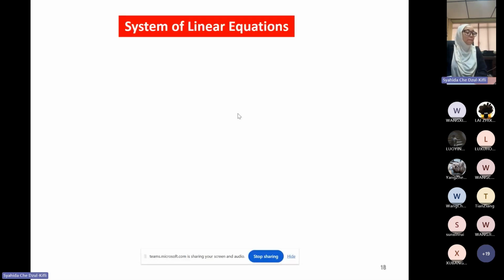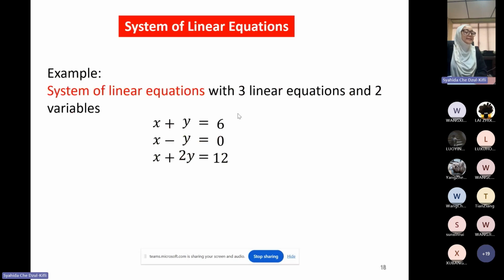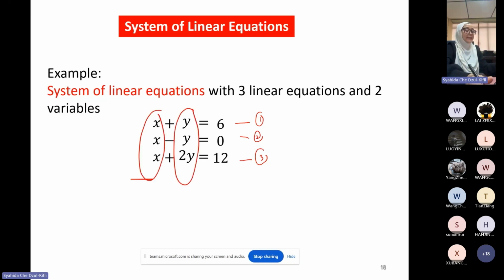For example, this is a system of linear equations which has three linear equations, one, two, three, and there are two variables, x and y.